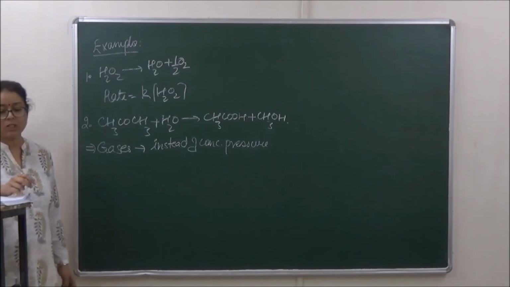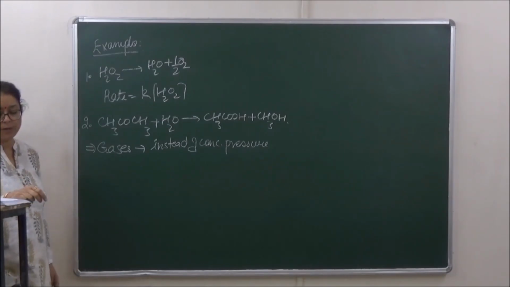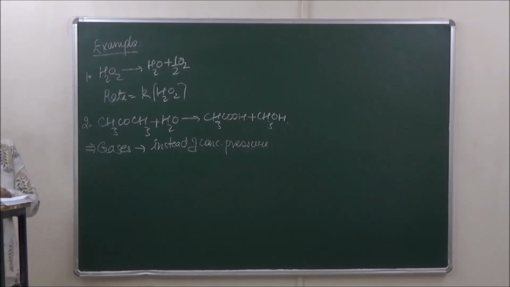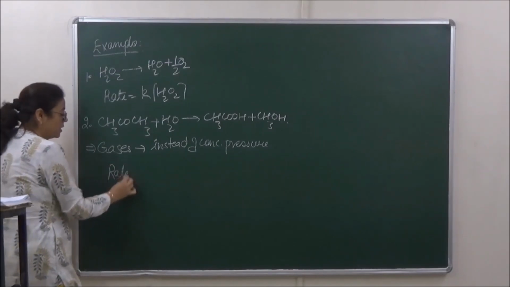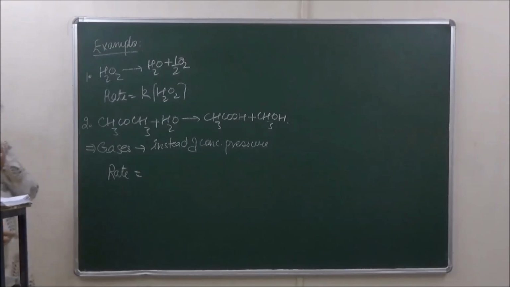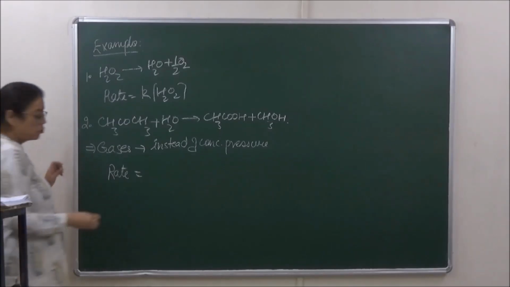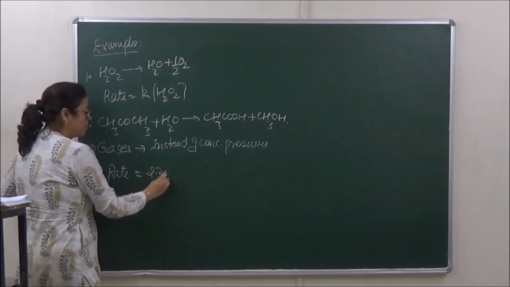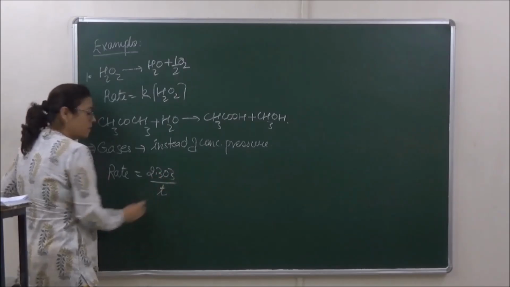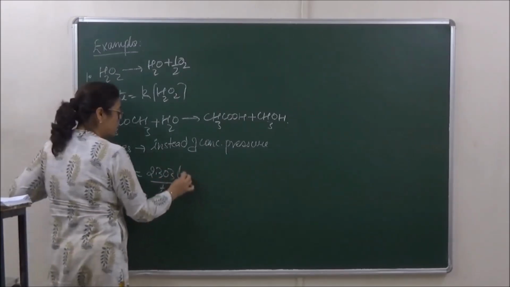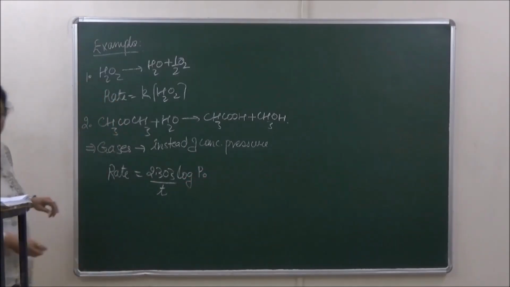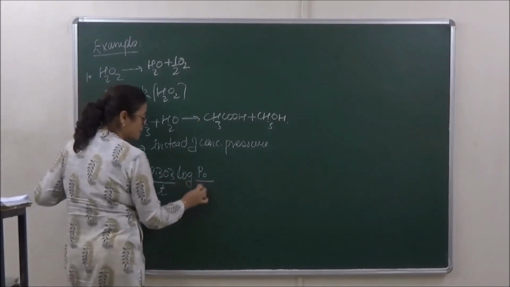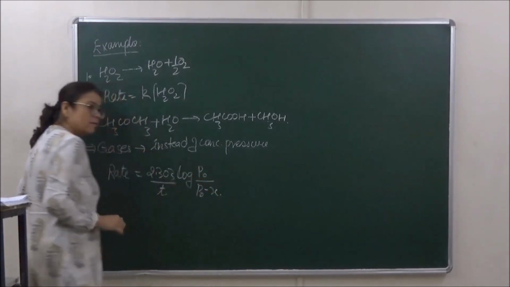So let's just take an example over here. If pressure is given in gaseous reactions, then what is going to be the rate for first order reaction? Rate is going to be equal to 2.303 over t, log of initial pressure P naught upon P naught minus X. ठीक है.